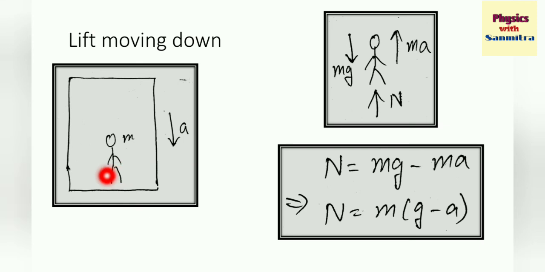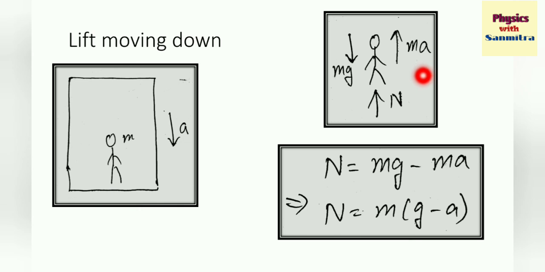Here there is a surface, so there will be an N contact force. The lift is accelerating downward, but to this person the lift is stationary, because he is inside the frame of reference. So he will feel a pseudo force that is acting upward.